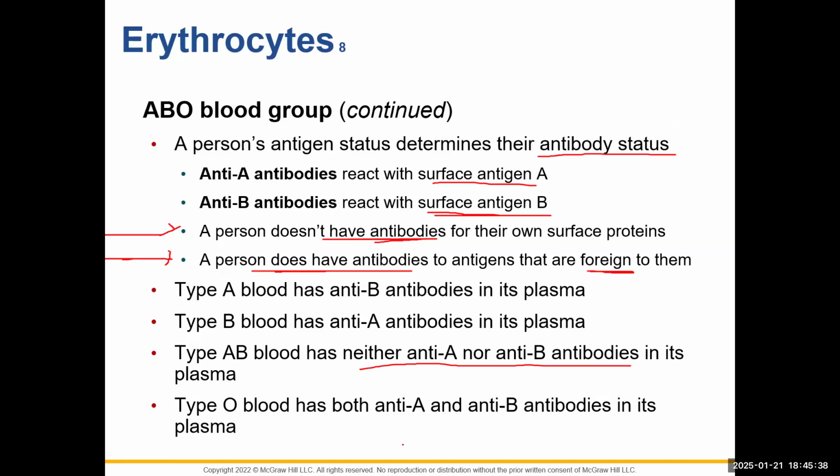Type O blood has both anti-A and anti-B antibodies in its blood plasma, but guess what? Type O blood does not have any surface antigens. So it does not have surface antigen A or surface antigen B.